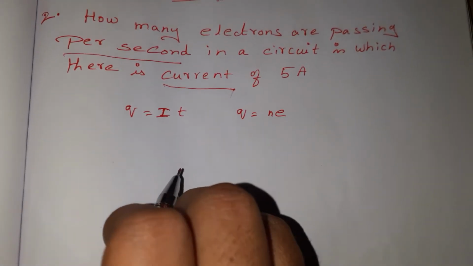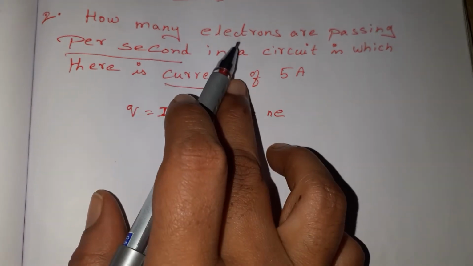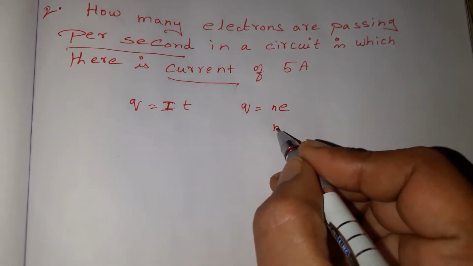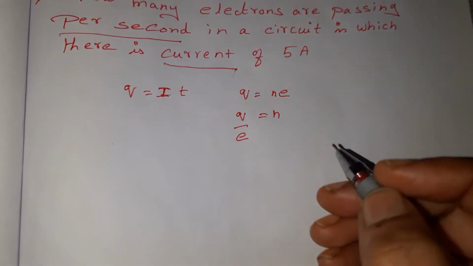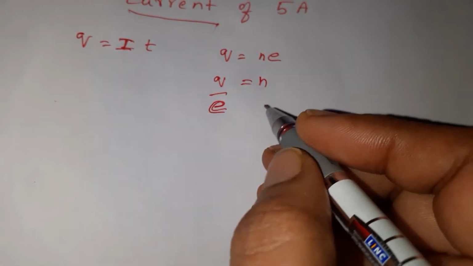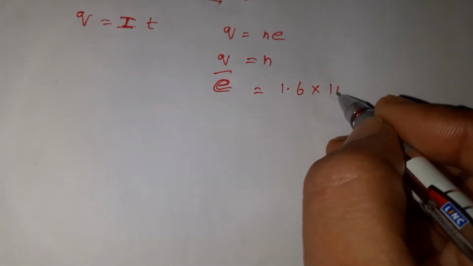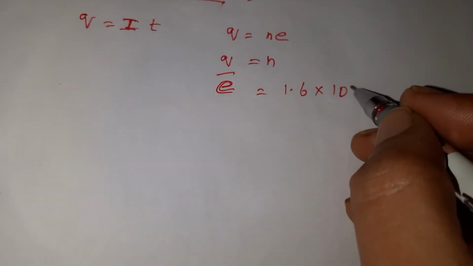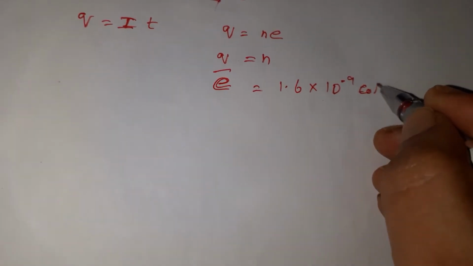The question asked is how many electrons, that means the number of electrons. So the number of electrons N is equal to Q by E. Here we have to know the value of E. One electron is equal to 1.6 into 10 power minus 19 coulomb.